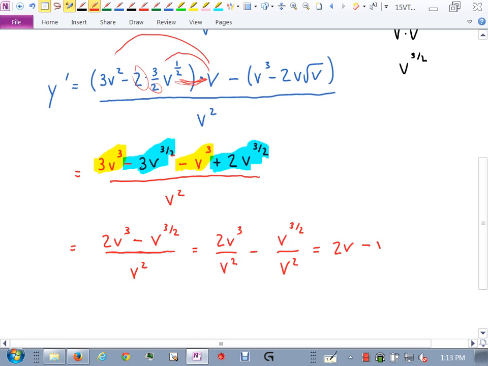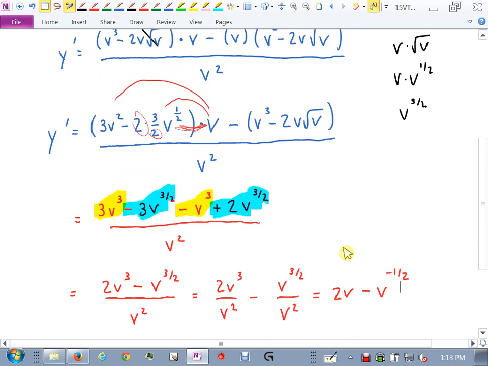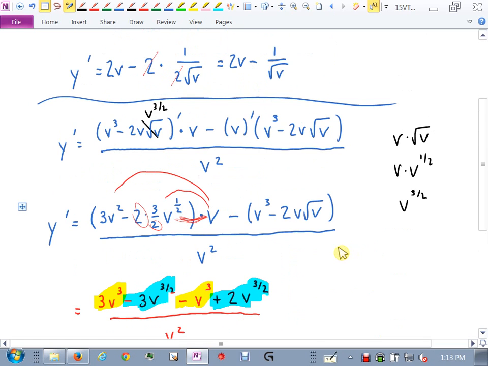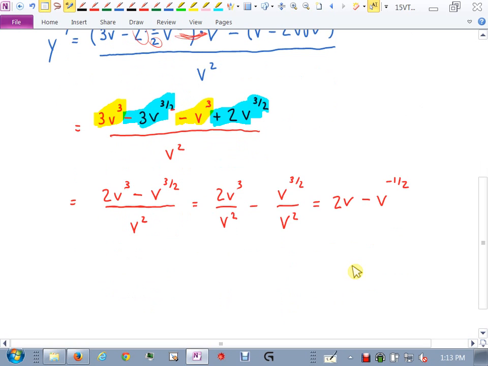So you get minus v to the -1/2. And then you can drop this down, can't you? And when you drop it down, it becomes this right here. So, same answer, a lot more work, right? Questions? Okay, the other one, what? 23?